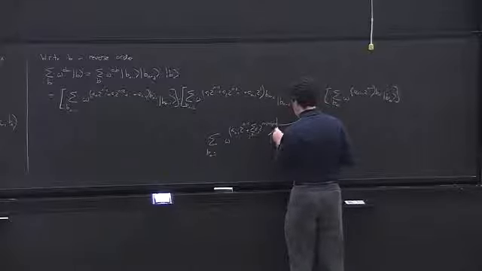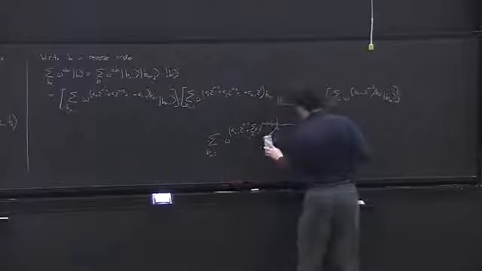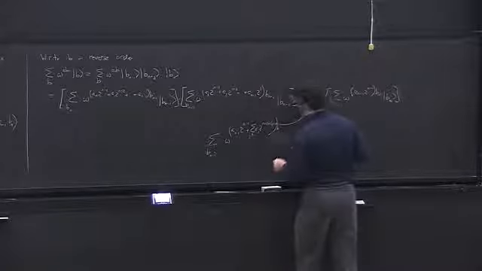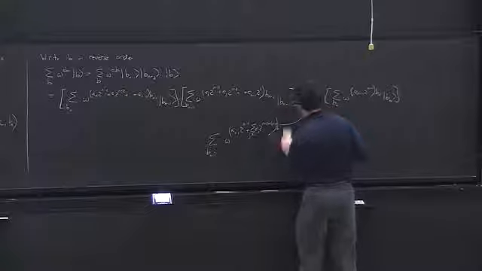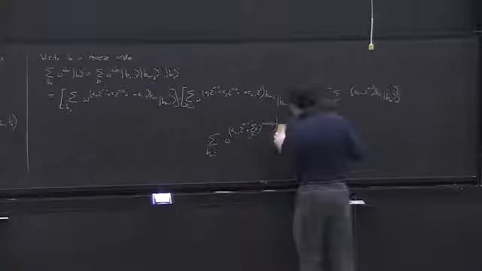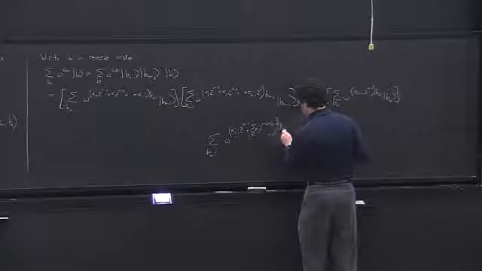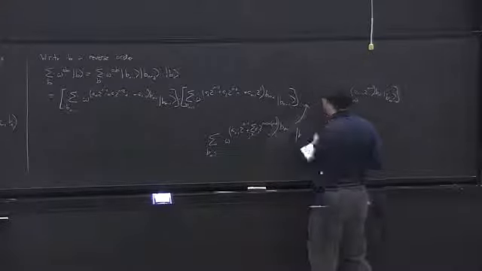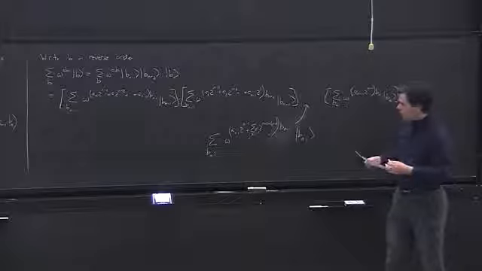This thing times b_{n-i}, and we have the ket b_{n-i}. Okay?